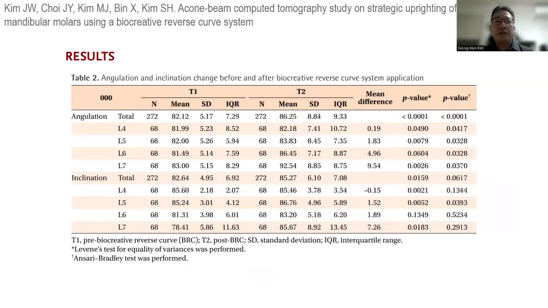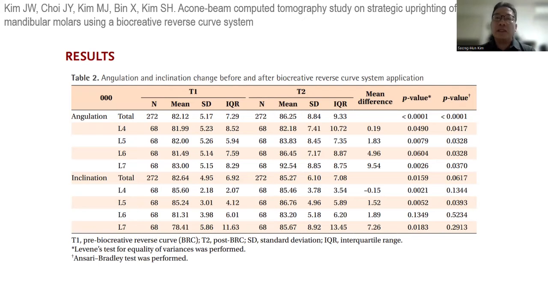By evaluating the three-dimensional changes of each tooth axis, angulation and inclination changes can also be calculated. Angulation gradually increased from the first premolar to the second molar, which means they were all distally uprighted.